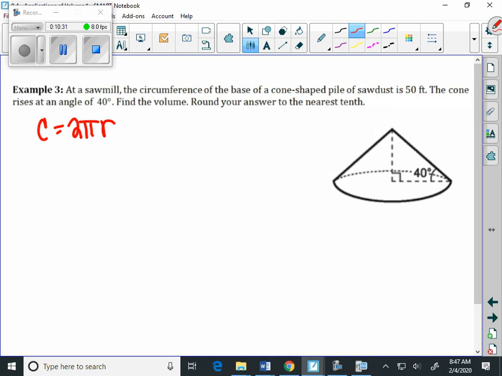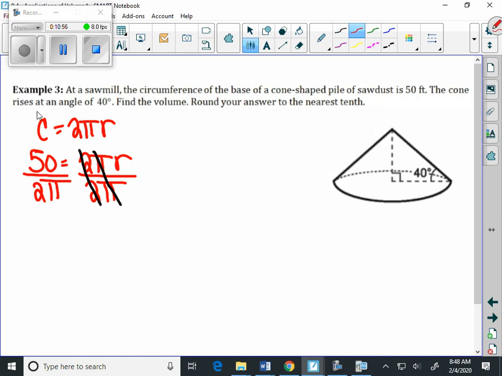If we take this value and put 50, and here 2 times pi times r, we want to figure out what the radius of this is. It does say round to the nearest tenth. But what's going to happen is we're going to divide both sides by 2 pi. The 2's cancel out, 2 divided by 2 is 1.